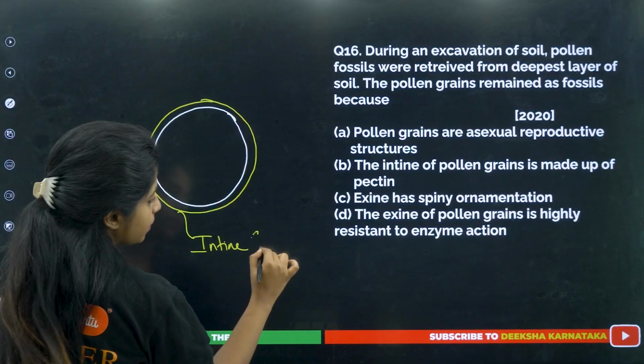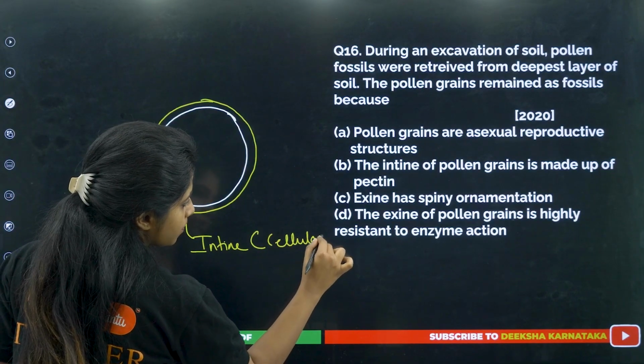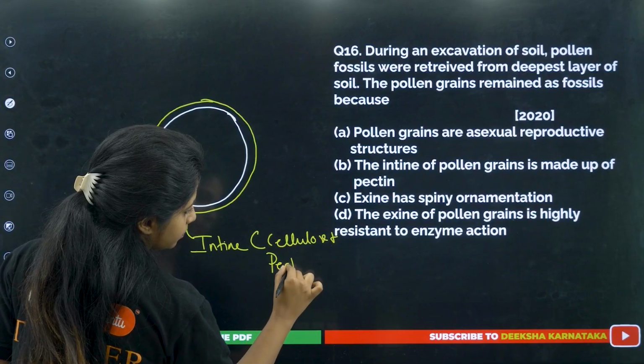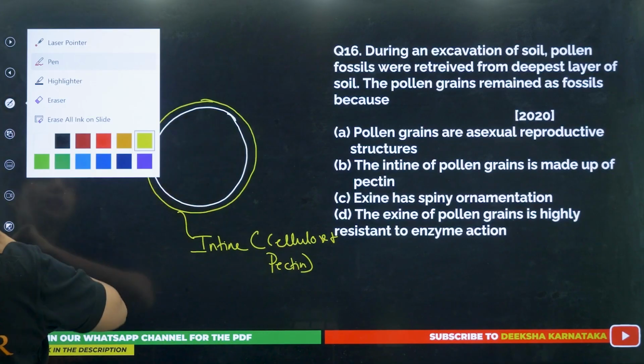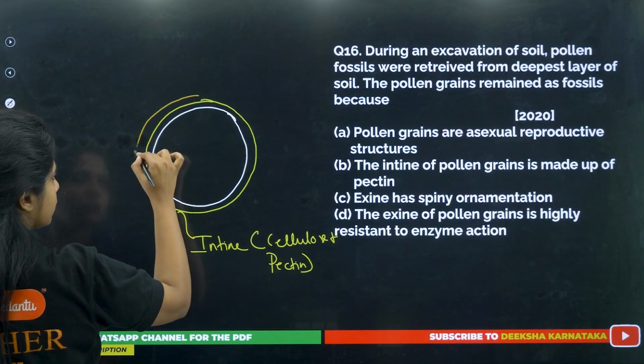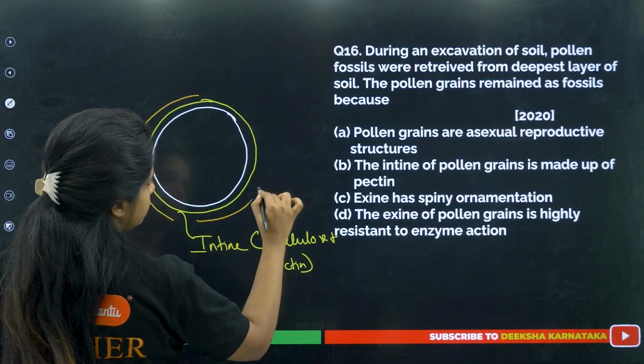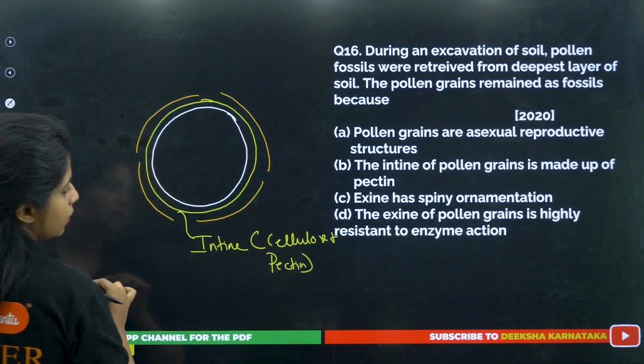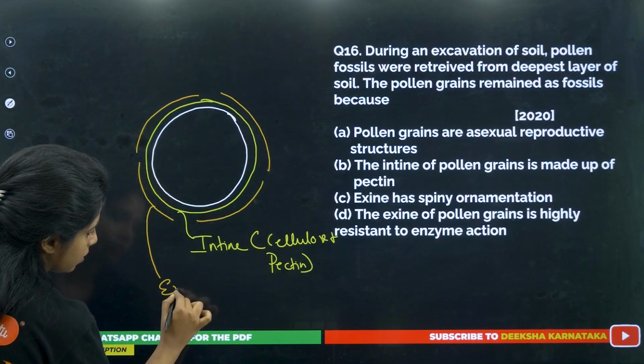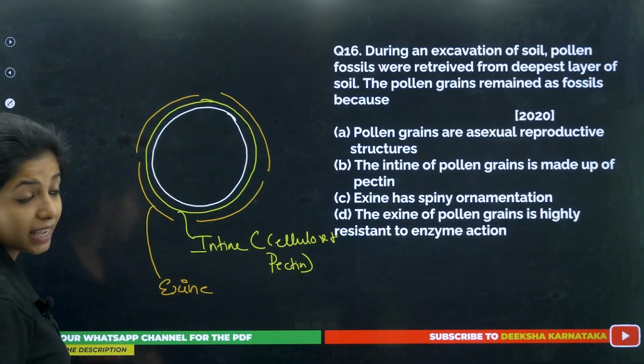which is made up of cellulose plus pectin. Outside this, there is another layer which is known as exine.